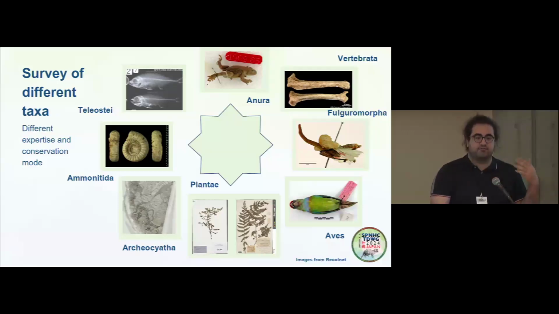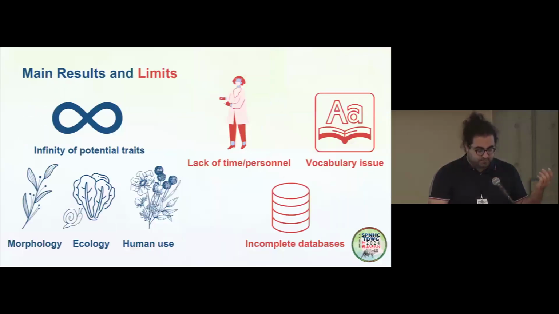Plants have been the focus of this project until now, but interesting things were found for all these taxa. And the main result is that the traits that can be used are basically infinite.